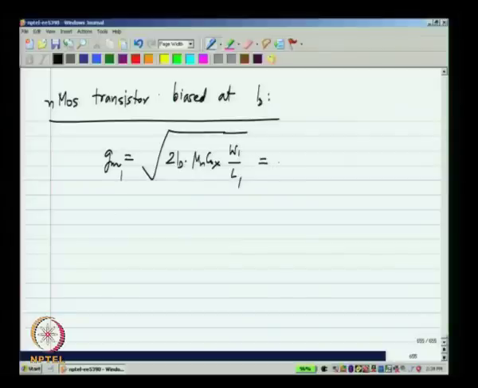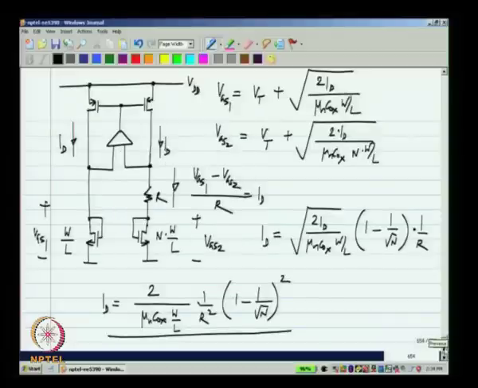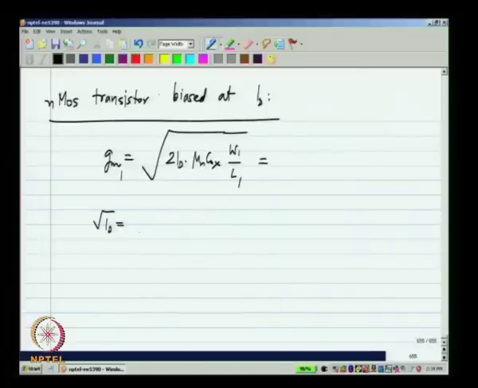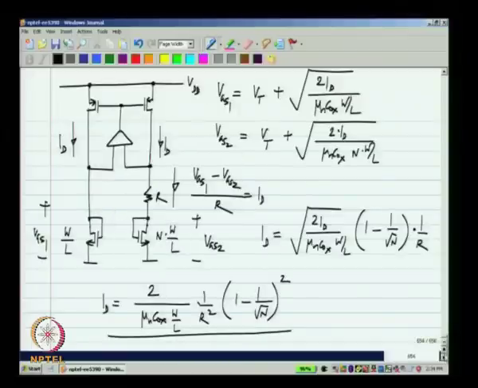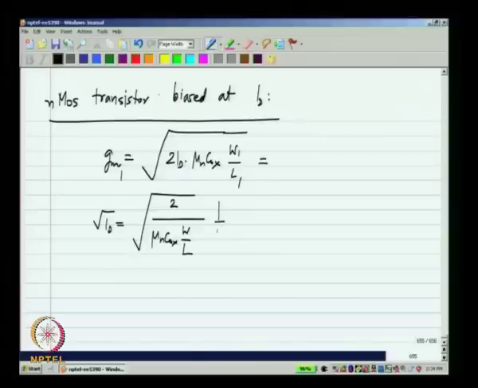We know that square root ID equals the square root of this quantity, which is, okay. So, GM1 will be the mu n Cox will go away, that is the important part here.